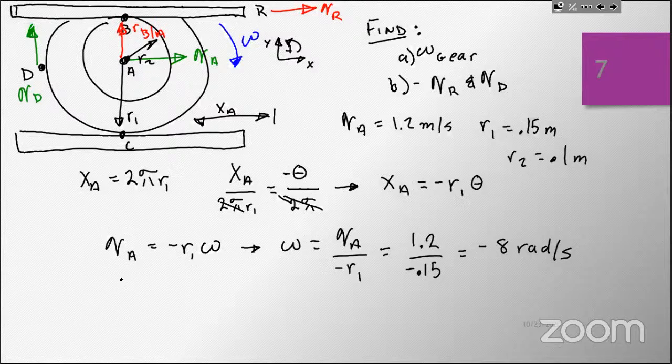Remember, that was R of B with respect to A. So how do I get to D? The distance of R1.